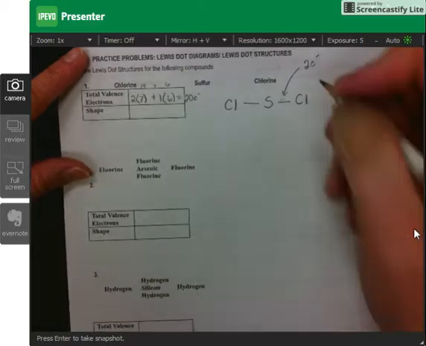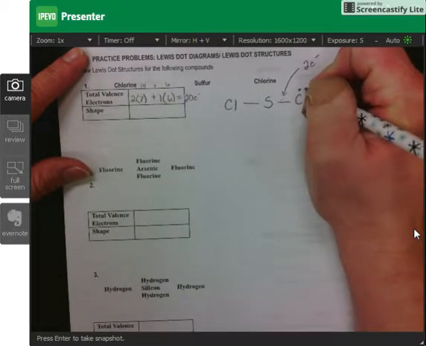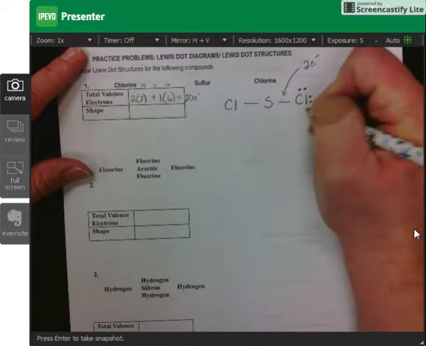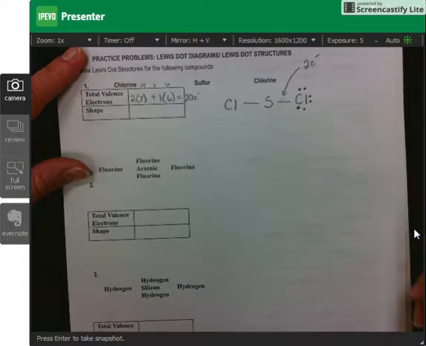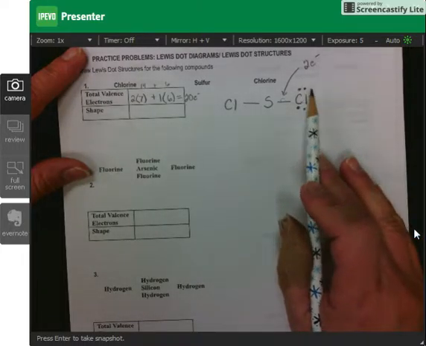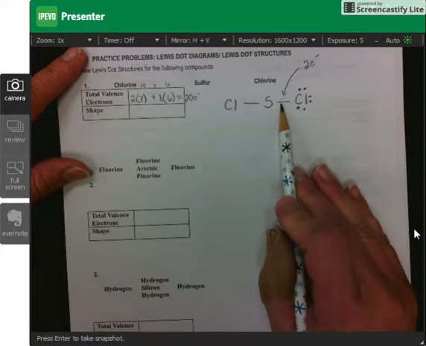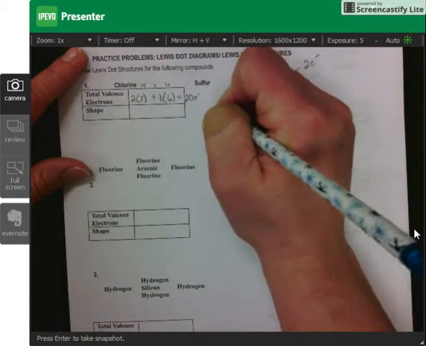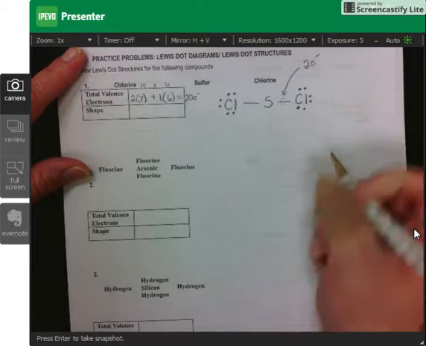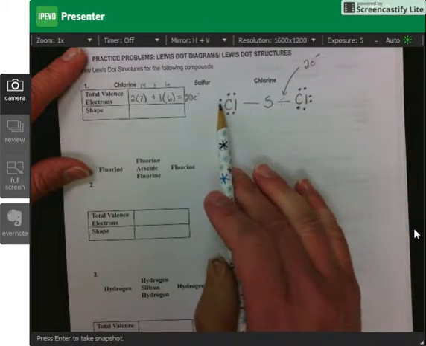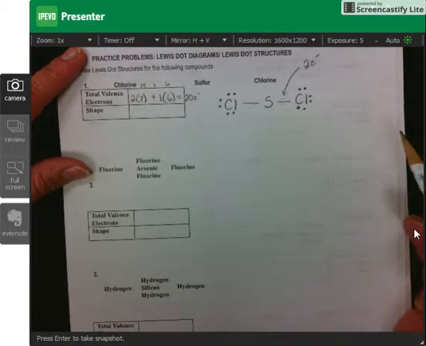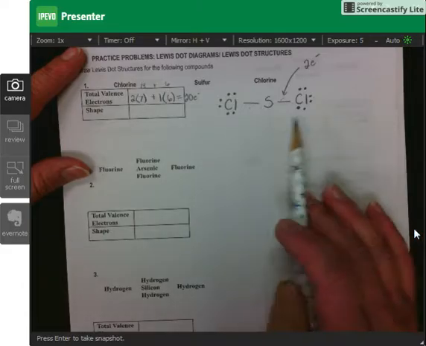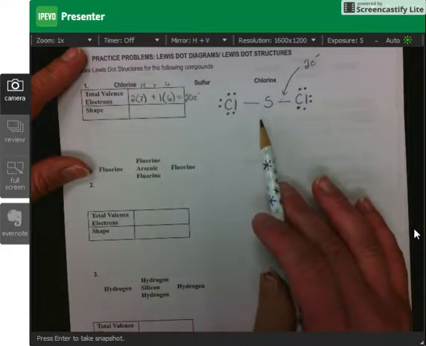So now I'm going to throw 8 electrons around my chlorine. So right now I have 2, 4, 6, 8. In this chlorine, I'm going to throw my 8. You'll see that I have 2, 4, 6, 8. So now my chlorines are perfectly happy, but what about my sulfur?